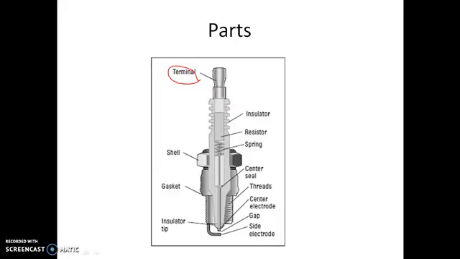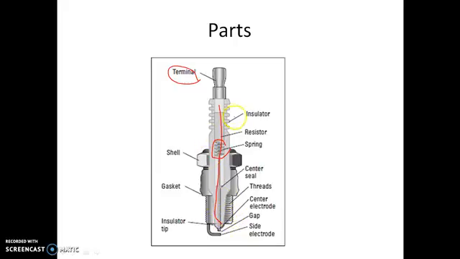The terminal transfers it to the central electrode, as you can see here. We have a spring system over here to make sure that the central electrode always maintains the minimum gap between the central electrode and the grounded electrode or side electrode.